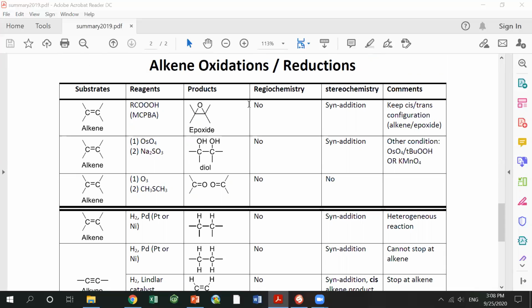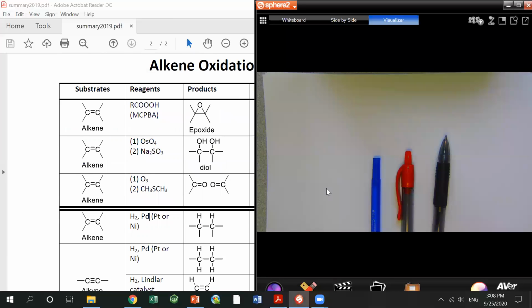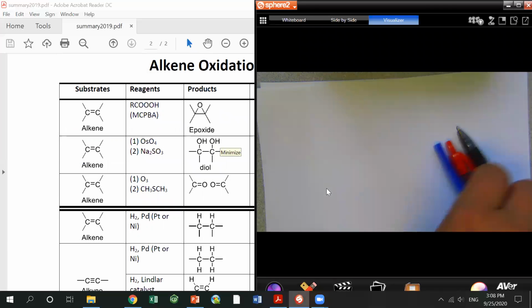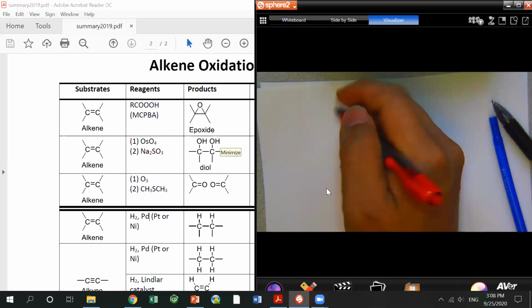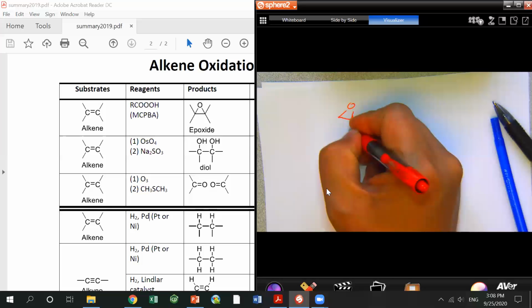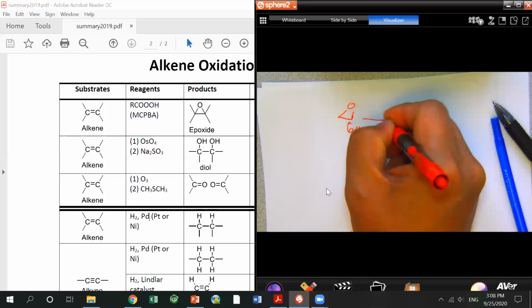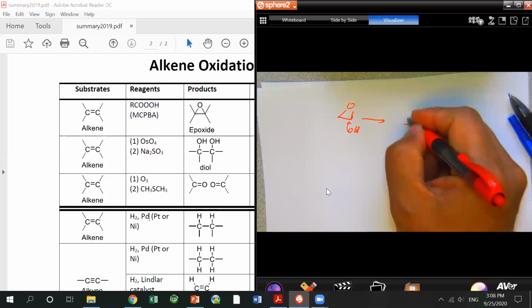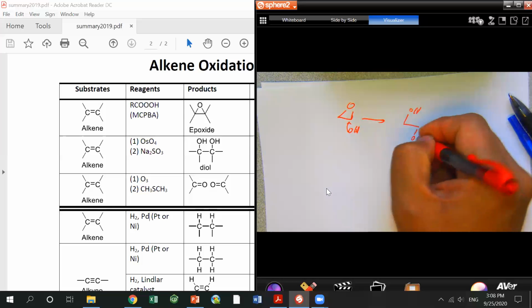Epoxidation, okay, then making a diol, so that gives you the trans diol, okay, right. So if you want to do the ring opening of the epoxide, use OH group, so you get the trans diol, one going up, one going down, okay.